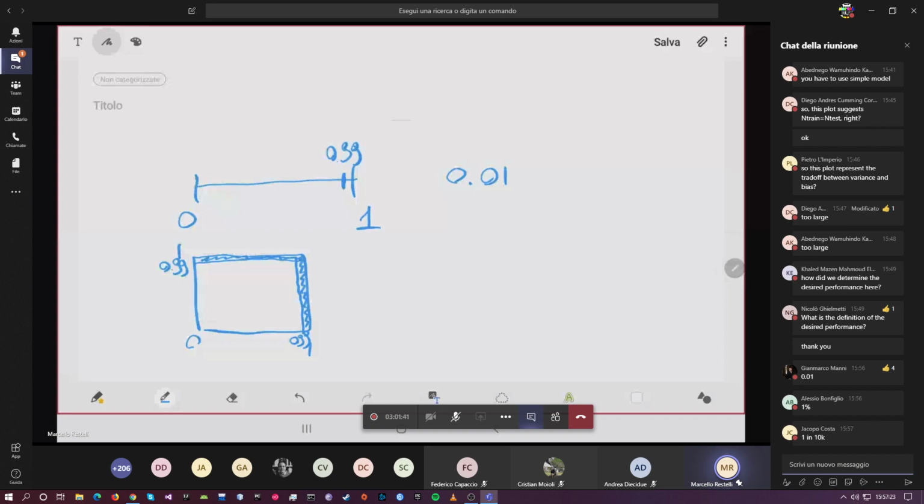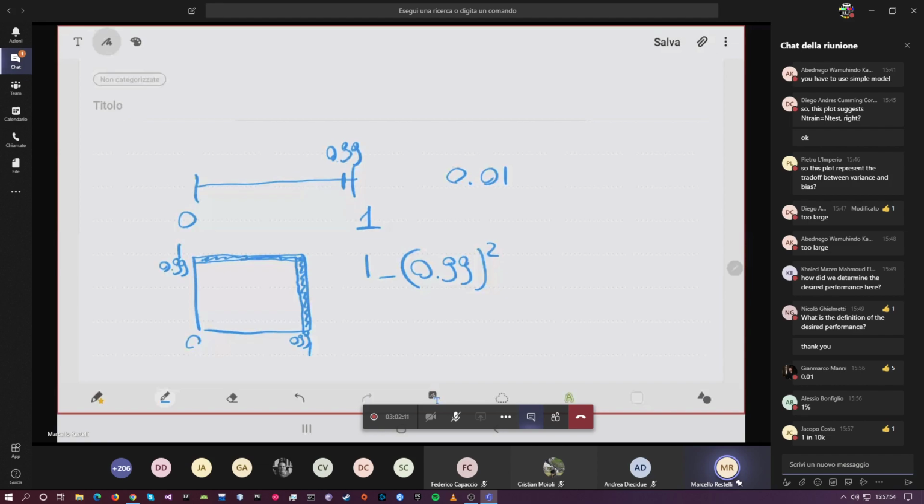You know that it will be 1 minus 0.99 squared. Right? Because it is the area of the full square, that is 1, minus the area of the white square, that is 0.99 squared. So the area that is outside is 1 minus 0.99 squared.